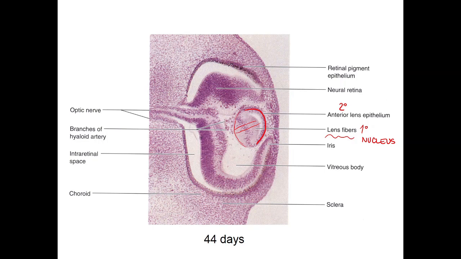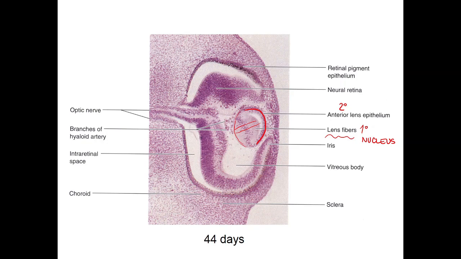So that's how you can differentiate these two. When you look at the lens and find fibers that contain nuclei, you can tell, okay, these are the secondary fibers developed from the anterior epithelium.